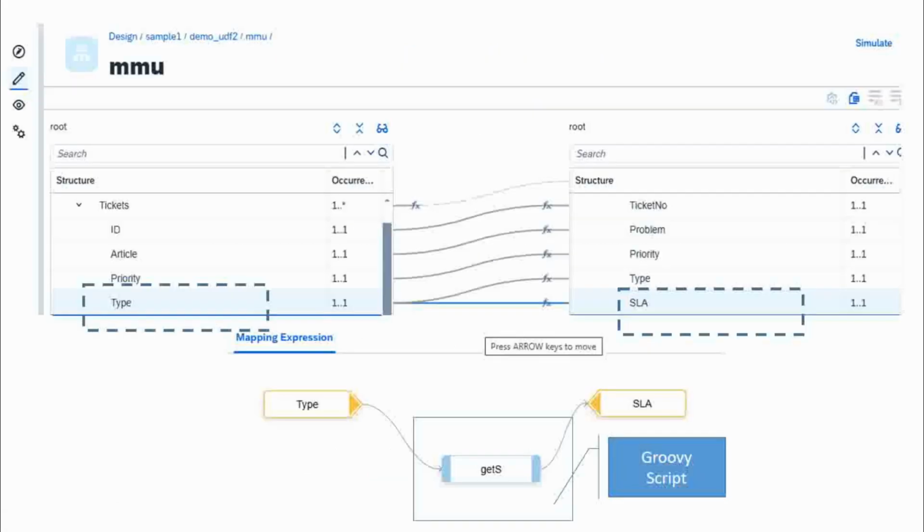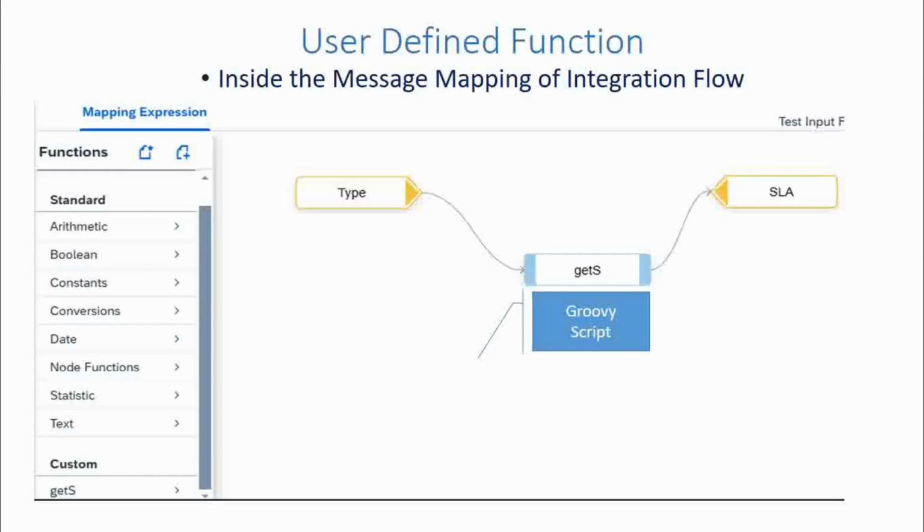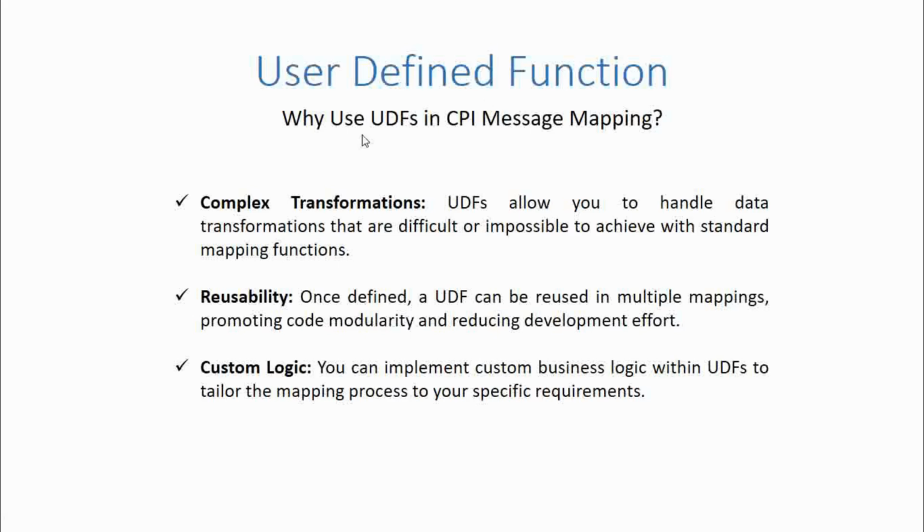So now we will see inside the iFlow how to create this UDF and how to use that in a message mapping inside the iFlow. Overall, the usage of this is to do complex transformations. We use our own UDF.